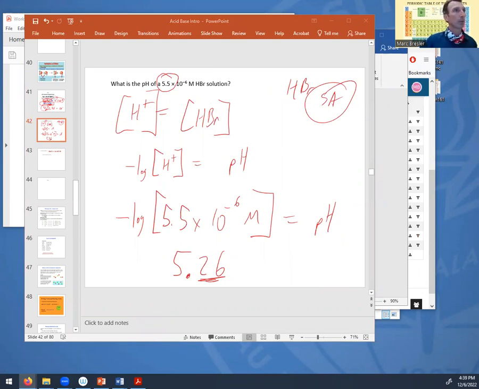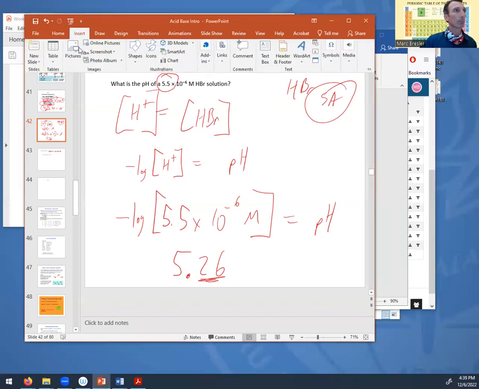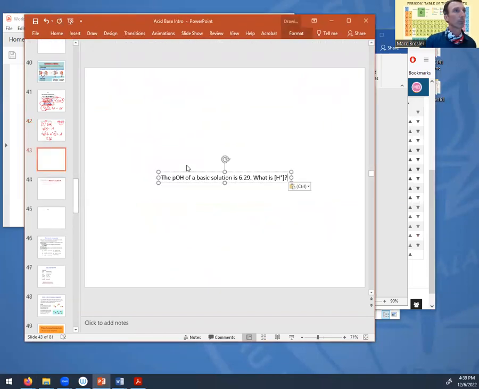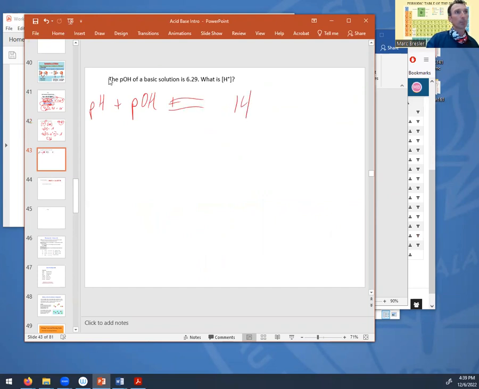The pOH of a solution is 6.29. What is H plus? So pOH plus pH equals 14. So that's how you can find pH. And if you know pH, then you can find H plus, because H plus equals the inverse log of pH raised to the negative power.